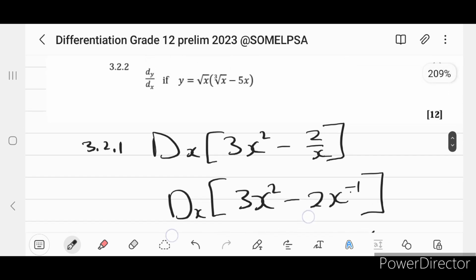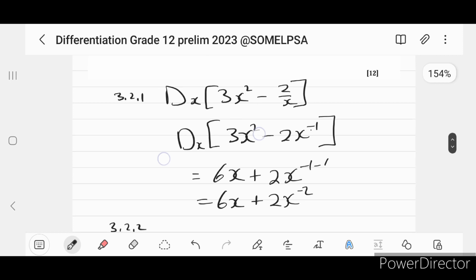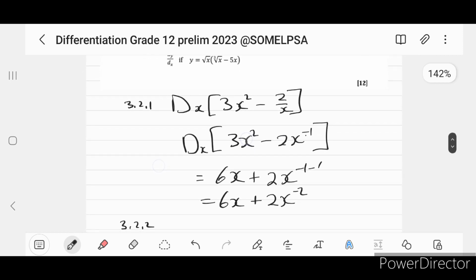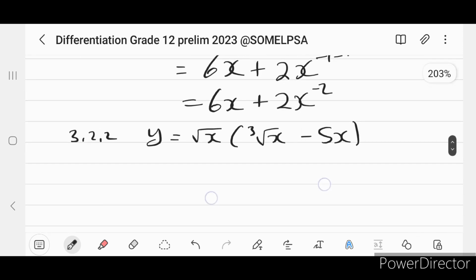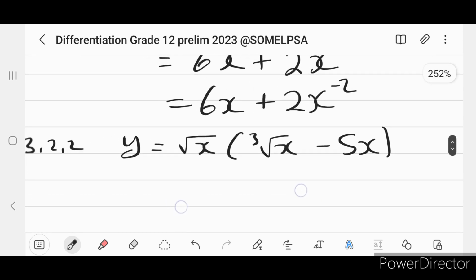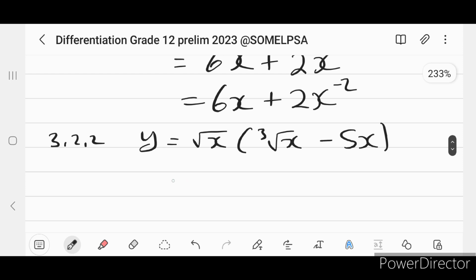3.2.2. So they are looking for dy over dx if y equals the square root of x in brackets, cube root of x minus 5x. Okay, so the first thing I must do is kill the square roots first and simplify this.